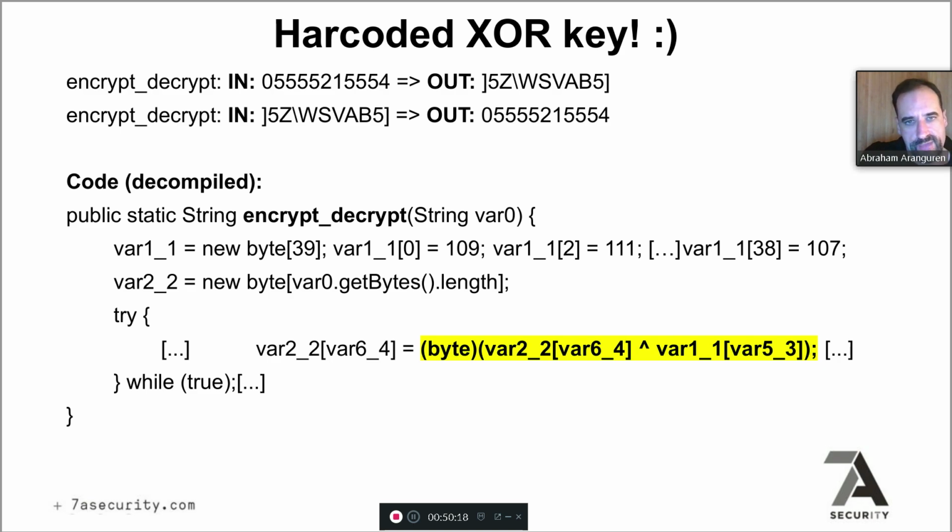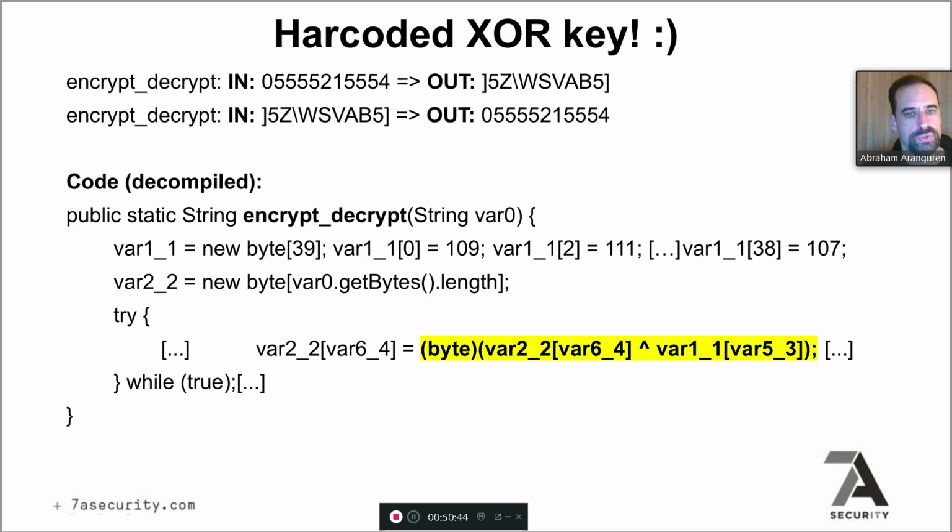However, in this case, we have XOR with a hard-coded key on the application, a hard-coded key in the binary that anybody can decompile and see, right? So this is basically stupid, because the server and the mobile app are sharing a key that is hard-coded in the app. So anybody can see this key by reversing the app. So there's absolutely no security in this, right?